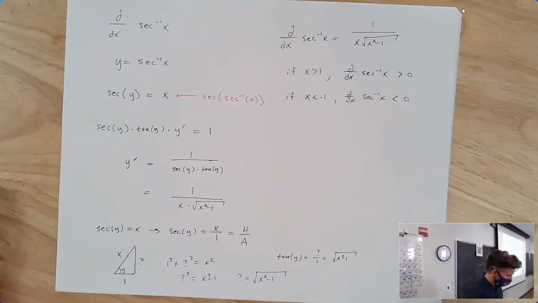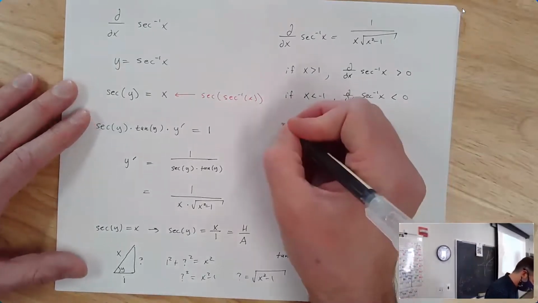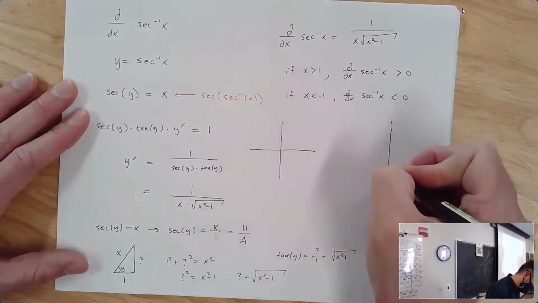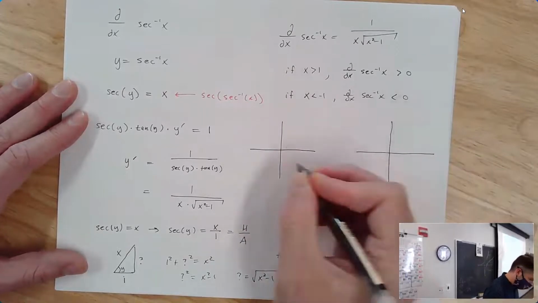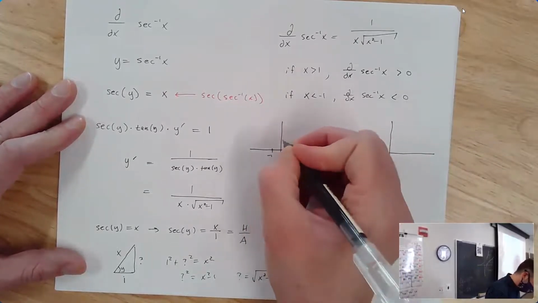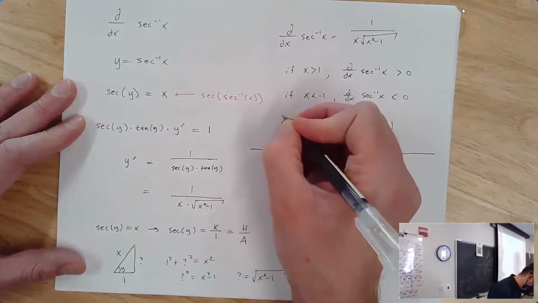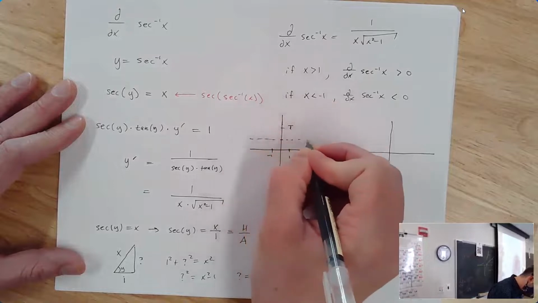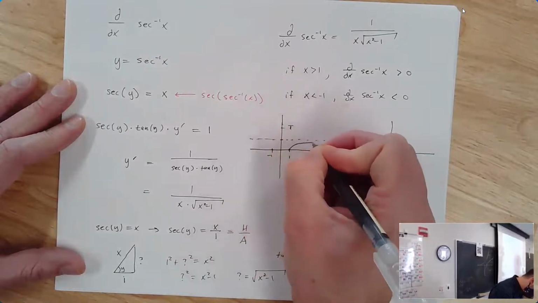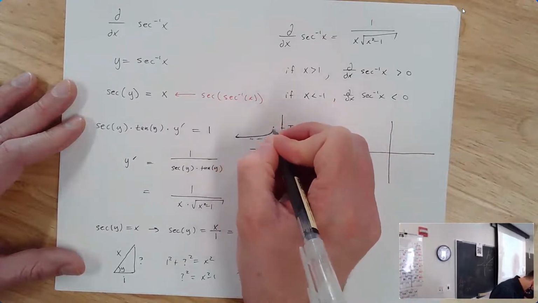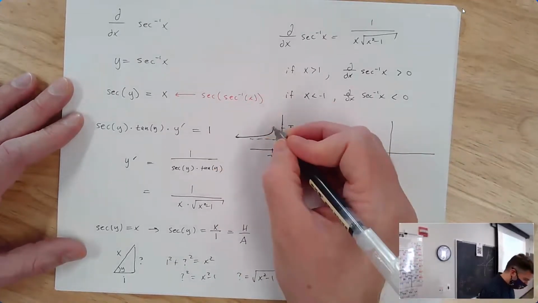Let me remind you of our inverse secant choices. Here's the nice one that I like. Oh, they're both nice. I shouldn't disparage one of them. So there's one of them.